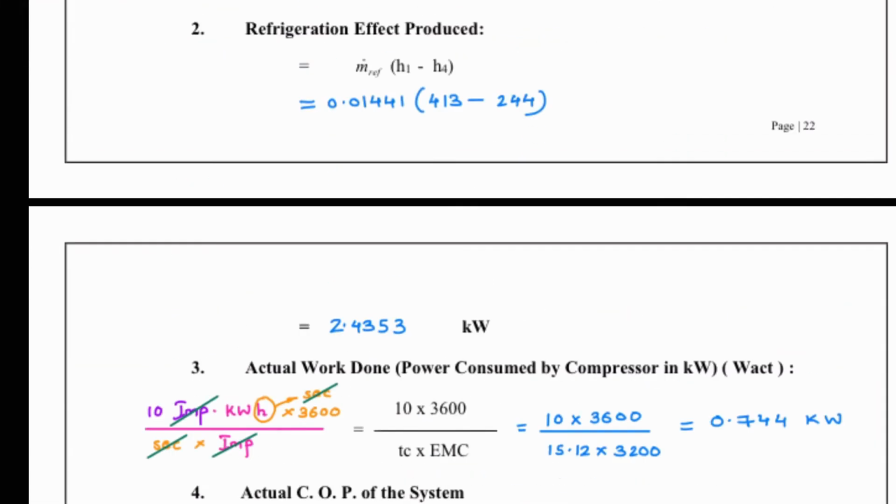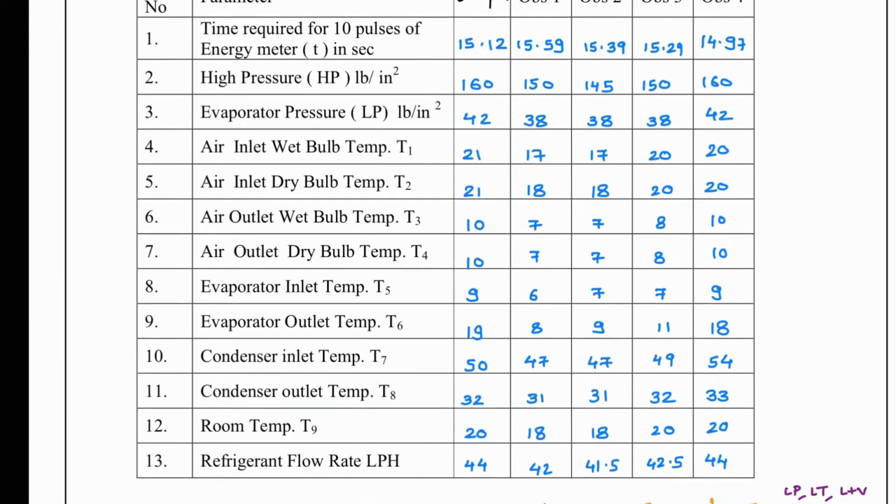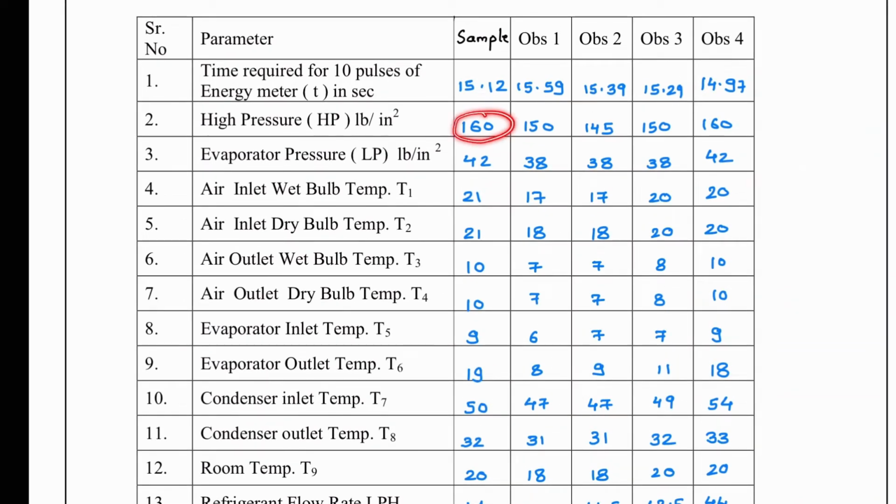So for that we will see the pressure gauges now. What is the reading of HP and LP pressure? HP is 160 psi and LP is 42 psi.